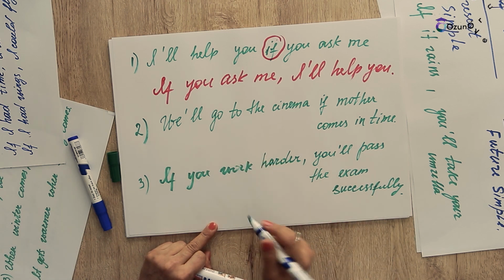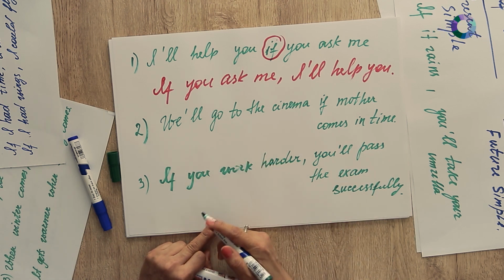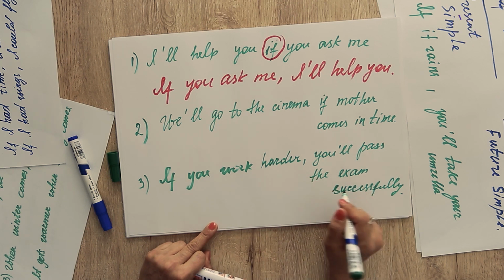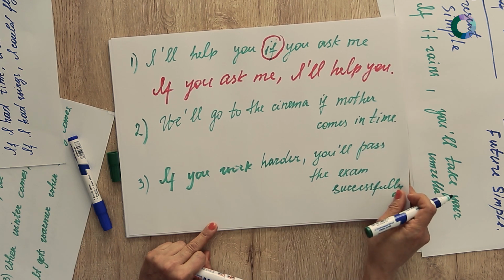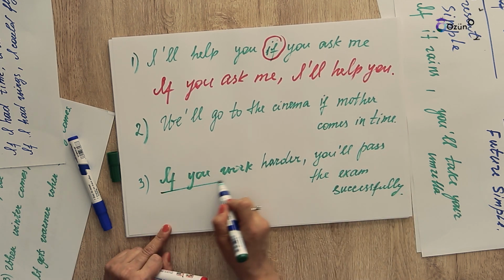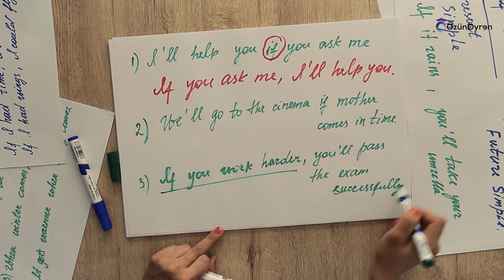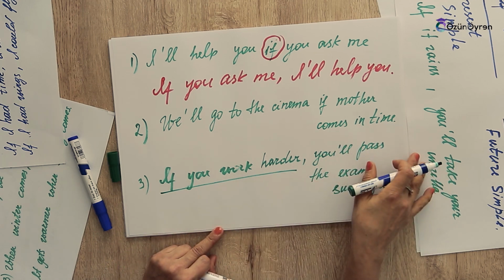If you work harder, you'll pass the exam successfully. Əgər sən daha çox çalışsan, sən imtahanı uğurla verəcəksən. So this is if clause in the first part and relative clause in the second part.